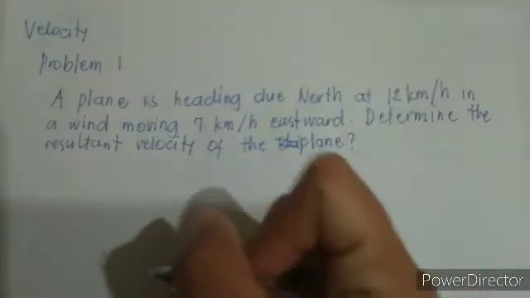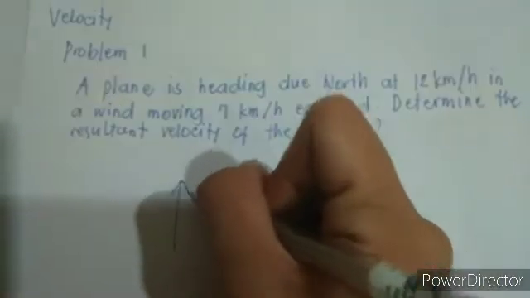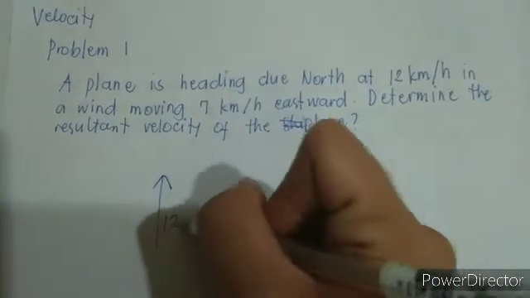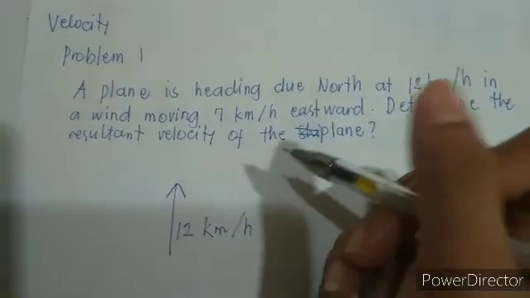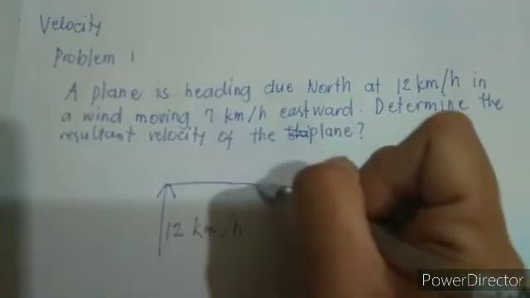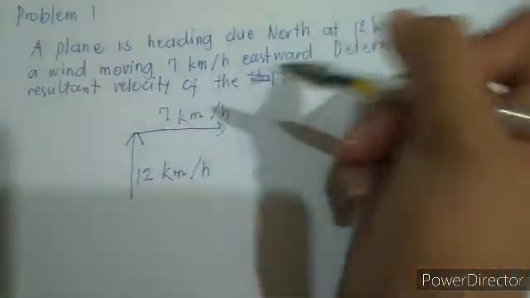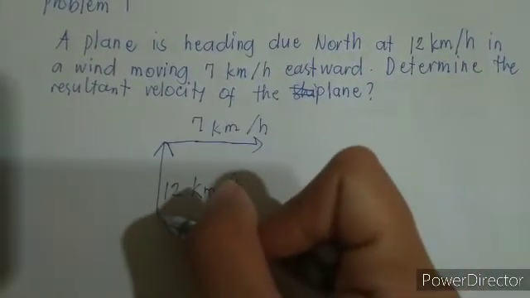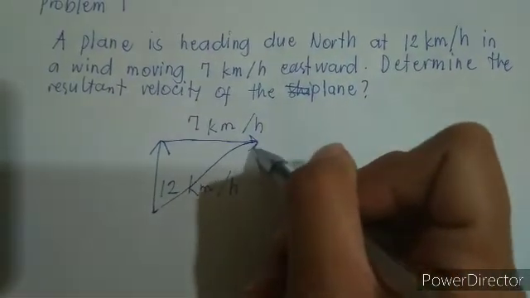So, 12 kilometers per hour north, 12 km per hour. And then 7 kilometers per hour eastward, 7 kilometers per hour. Here is the initial position to final position.